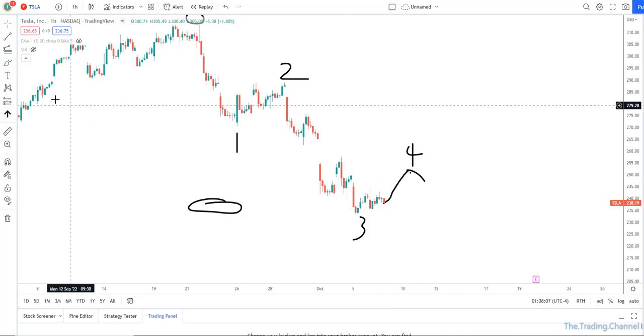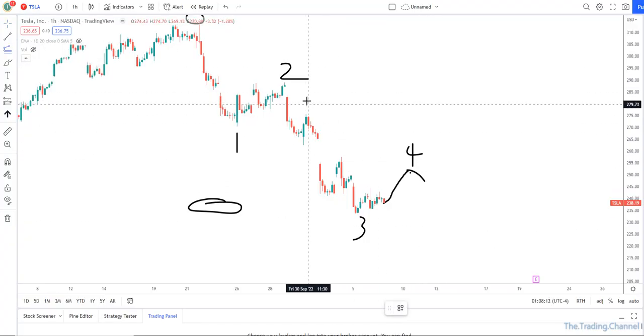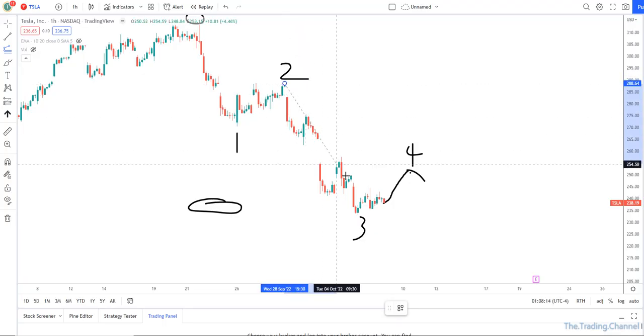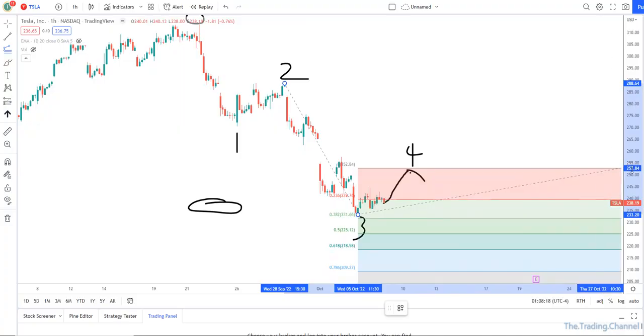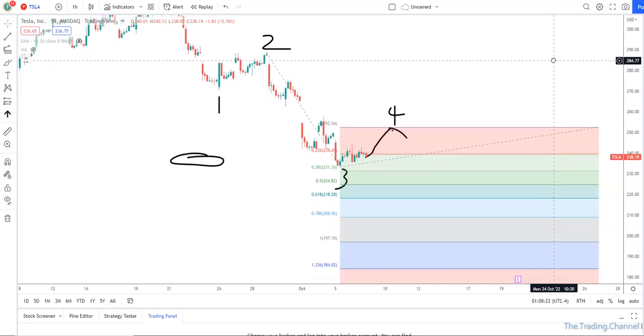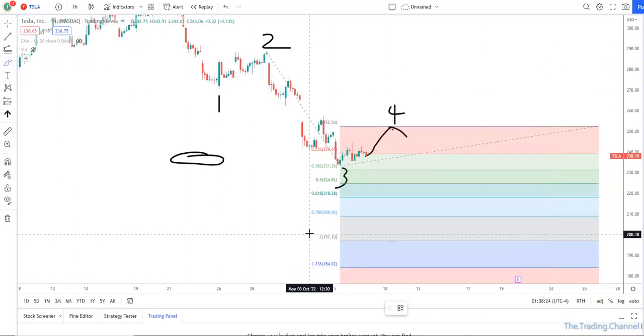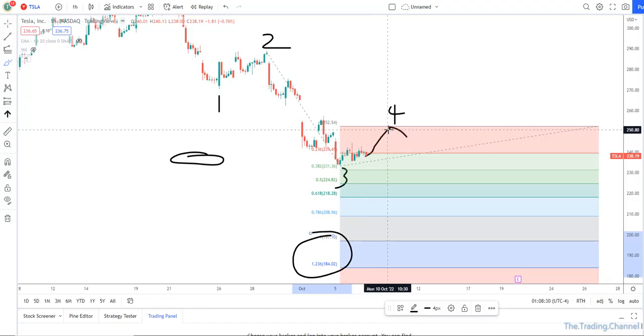There's still more downside, most likely based on wave theories. So assuming this happens, I'll be pulling from 2 to 3 and to 4 here. And the wave 5 usually should end somewhere in between here. So if it recovered now, that is called your wave 4.